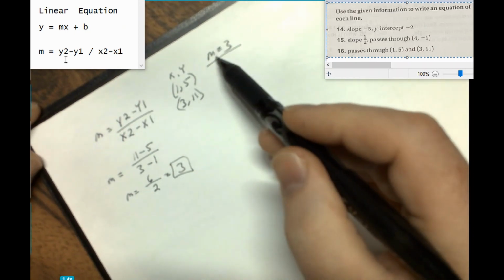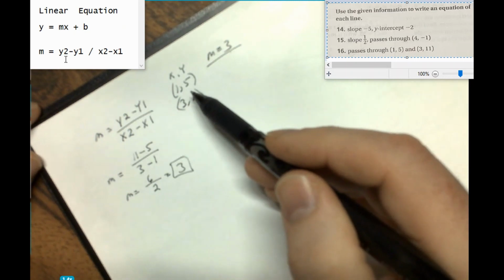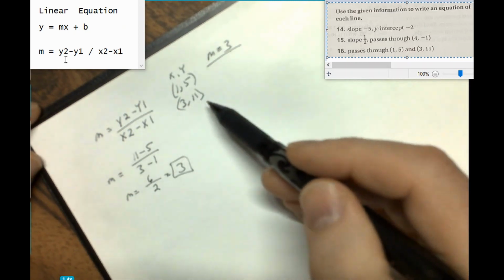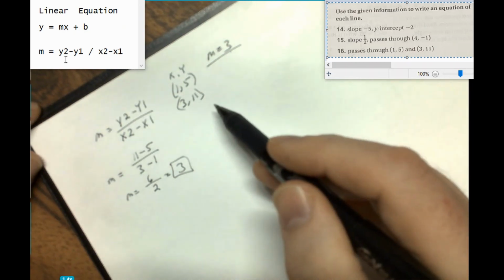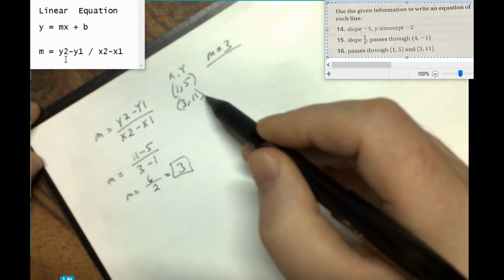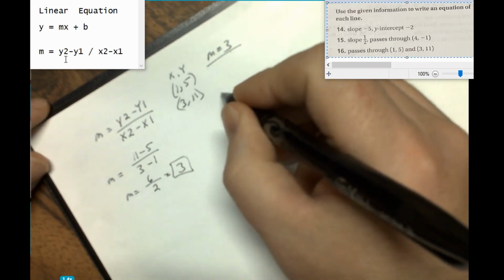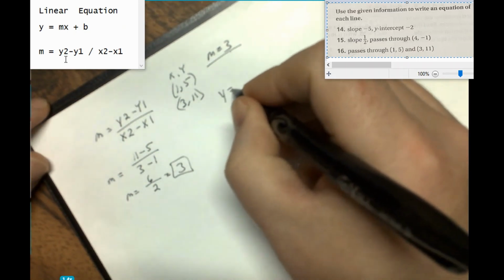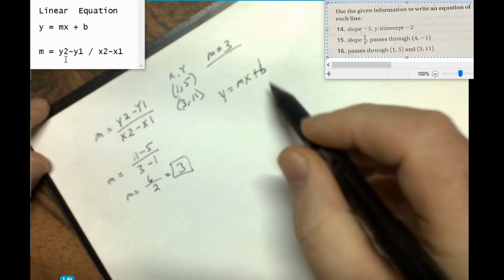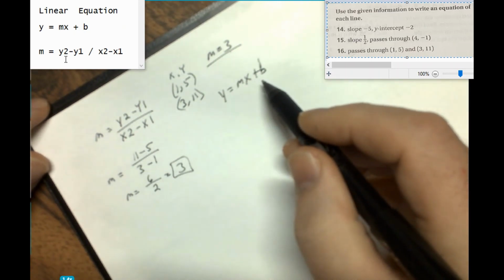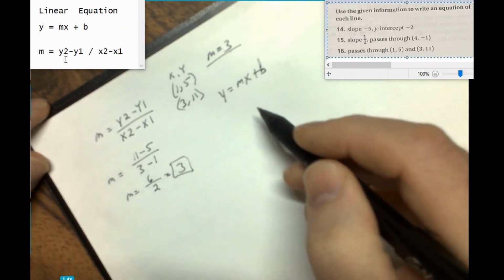Now we have our slope and we have our xy coordinates. We can move this into a linear equation and work those out to find b. We can use either one, but for this demonstration I'll use both. Our formula again is y equals m times x plus b, and we're looking for b now because we want y equals as our final outcome.